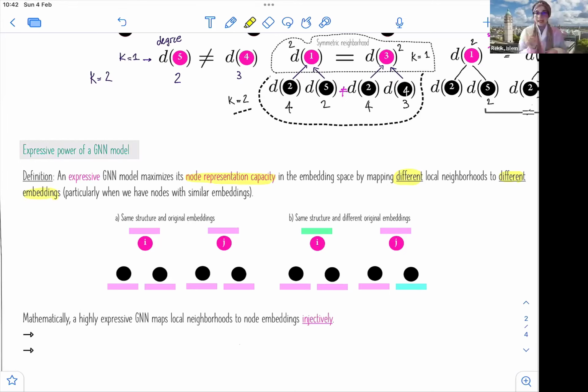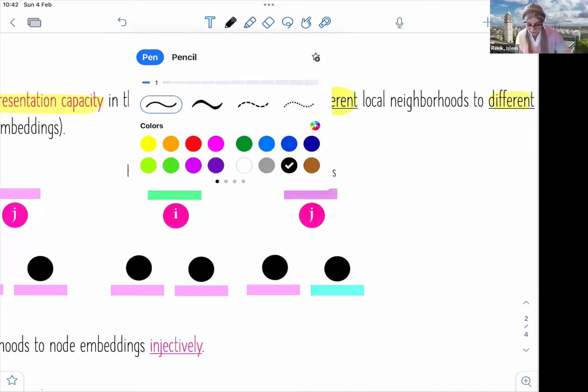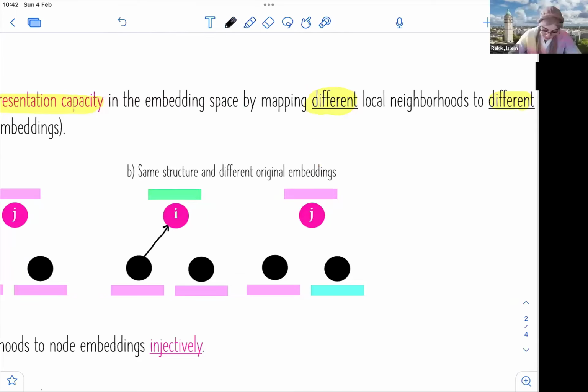Okay, so this problem is important, particularly when we have identical or similar embeddings. So let's start with the example B here. If we look at the embeddings of node I, here I kind of transposed the embedding, so I put them horizontally, right? So this is the embedding, right? So here, if I look at this case, we have different embeddings of, for example, the neighbors.